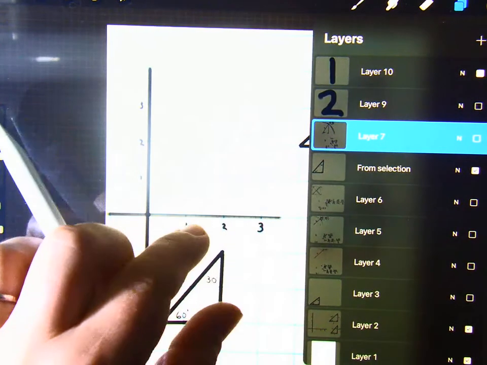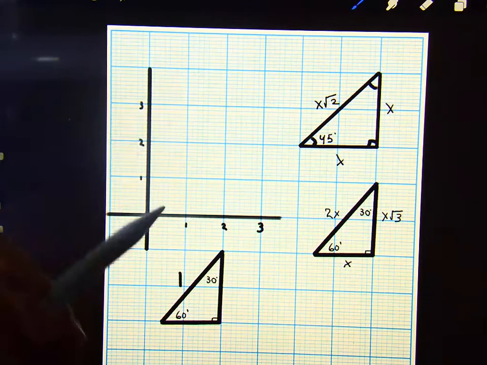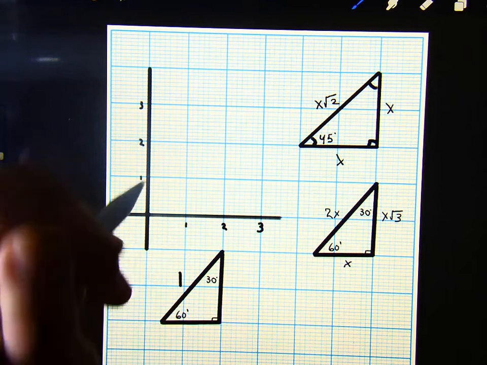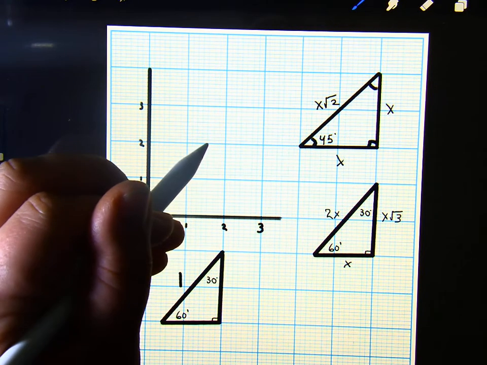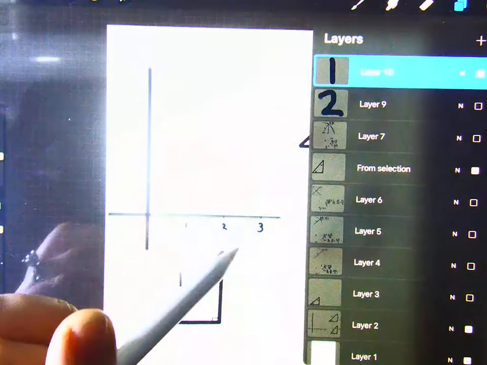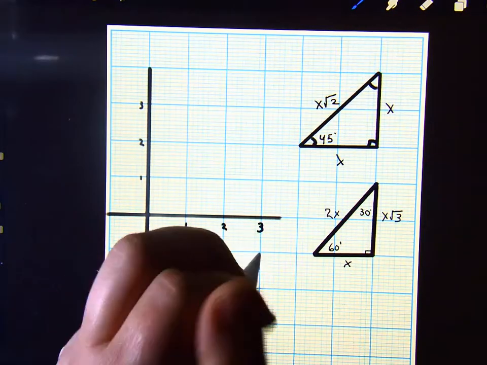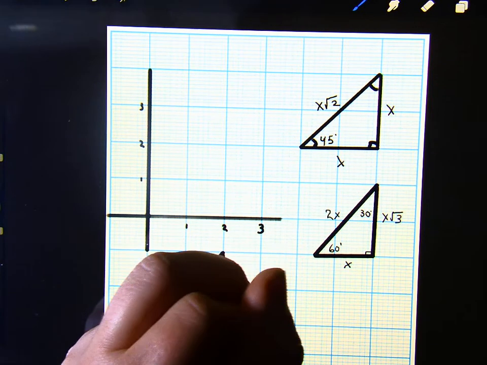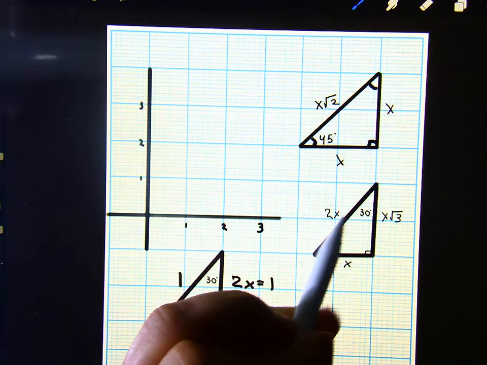And so, again, I'm going to do the same concept. I have my value here, and you can do it again with 2 and find it on 2 of what it looks like. But let's come here. So we have 2x equals 1. This is my length here.